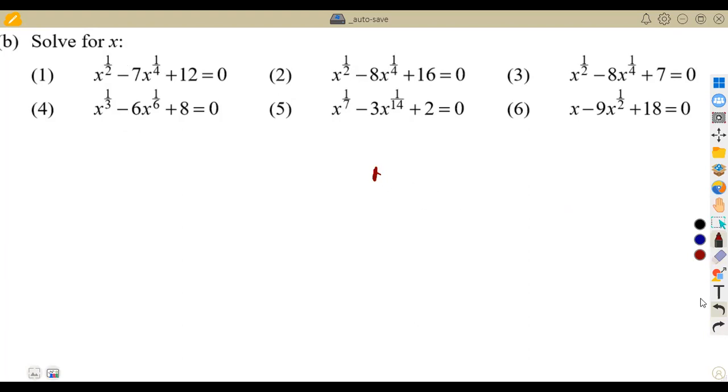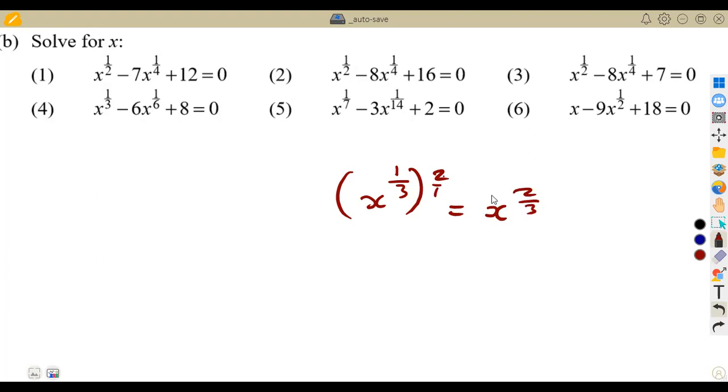Maybe I've got x to the exponent of 1 over 3. And if I raise this to the exponent of 2, it means it was taken from x to the exponent of, this is 2 times 1 over 3, which is 2 over 3.